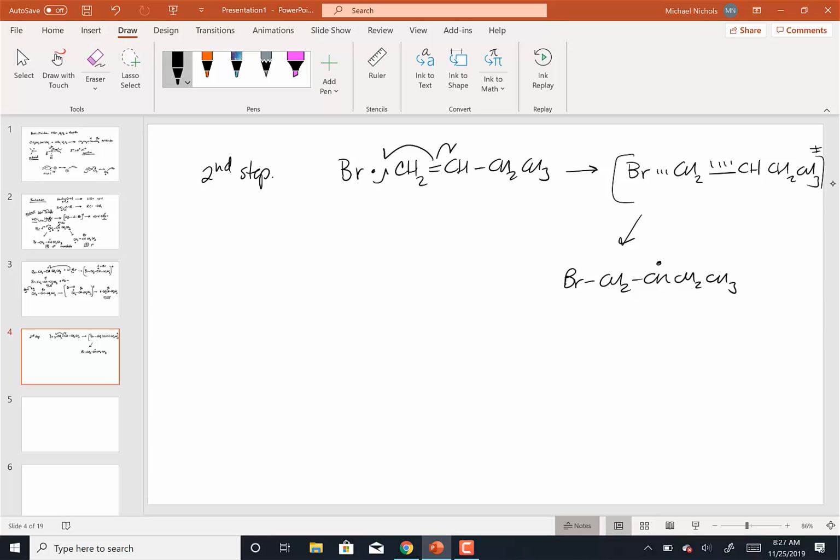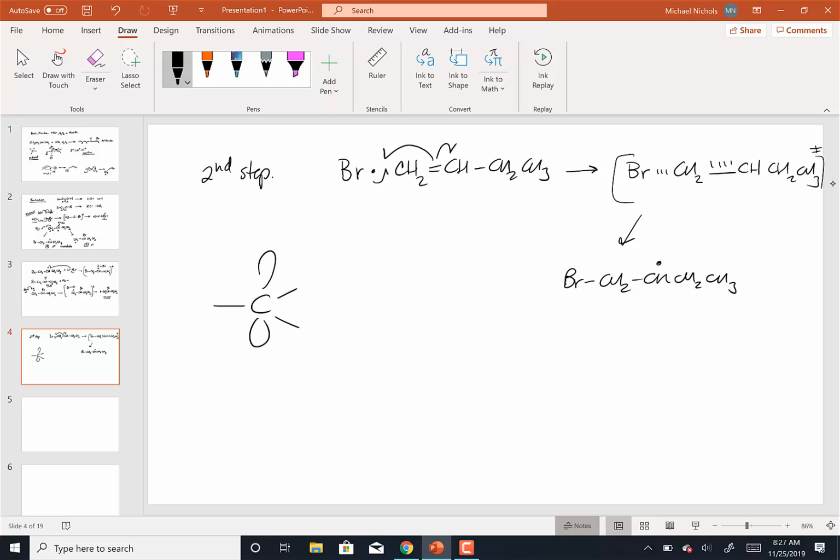Okay, there's one thing I forgot to include with the structure of the radical. When you have a radical, it is sp2 hybridized. In this class, it'll be sp2 hybridized. Is it possible for it to be sp3 hybridized?